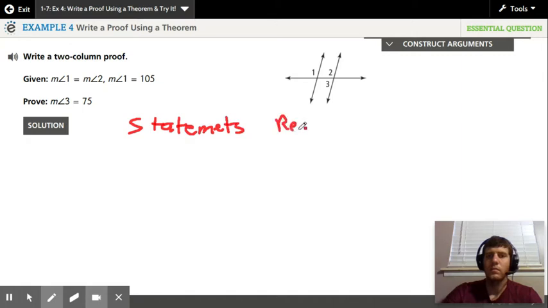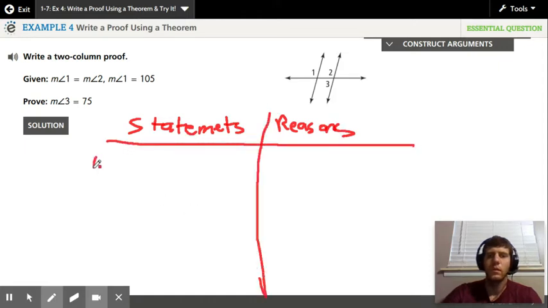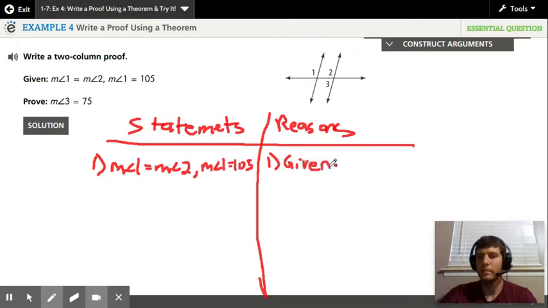The first statement is always what's given to you, so you should always be able to get that one right. It's going to be the measure of angle 1 equals the measure of angle 2, and the measure of angle 1 equals 105. And the reason for that is that it's given. We know it's true because it's given. We're just accepting it as part of the argument.